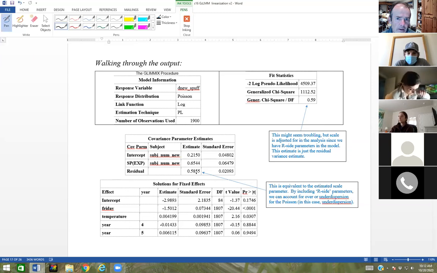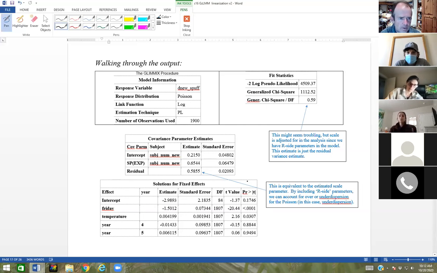So when we add that, I'll call it R side effects in our model, in other words, the error covariance structure in this approach, by doing that, we're automatically adjusting for over or under dispersion.